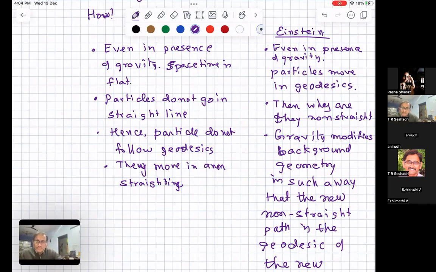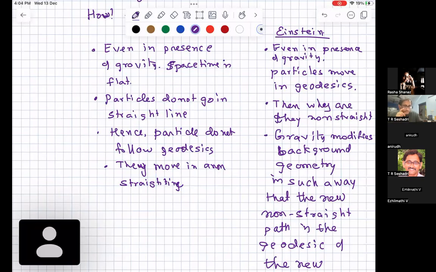Is this logic clear? Can you repeat it? Yeah. So what I'm saying is, if you want to attribute the path of a particle to background geometry, then that has to be universally valid for all particles. You can't have one geometry for one particle and another geometry for another particle. Both have to reside in the same geometry.